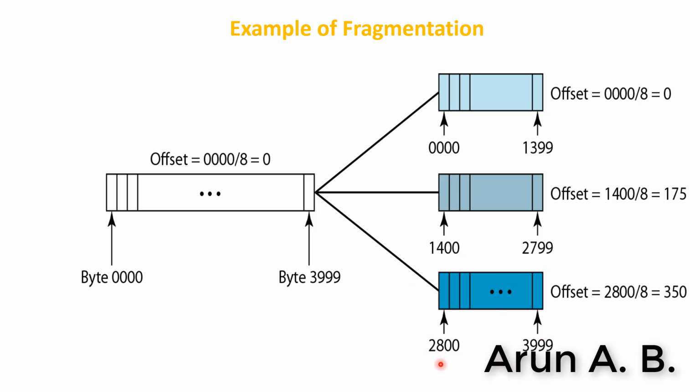So 2800 plus 1200 gives us a total of 4000. We always start with 0 and consider only up to 3999. So the first small packet will be 1400, the second again 1400, and the third will be 1200. This is how we do the fragmentation.